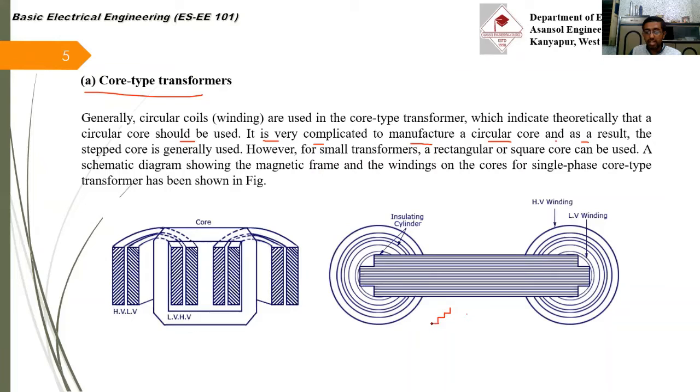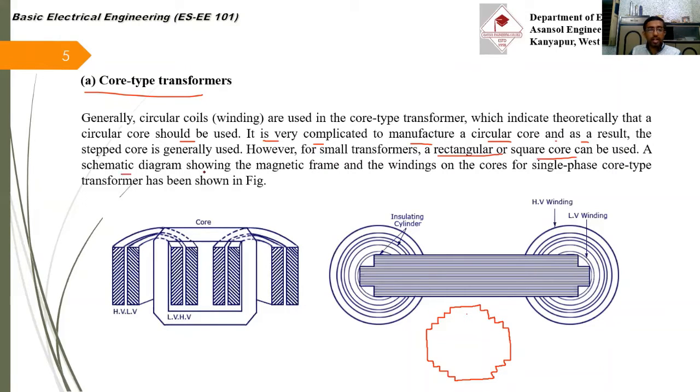So this type of core configuration is normally used, in most of the cases. However, for small transformers, a rectangular or square core can be used.